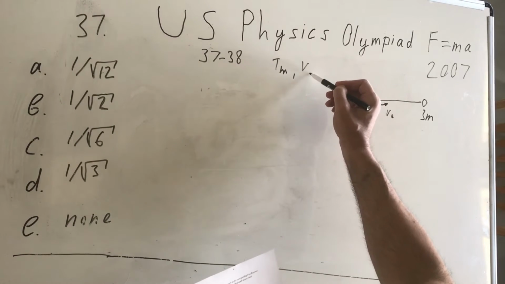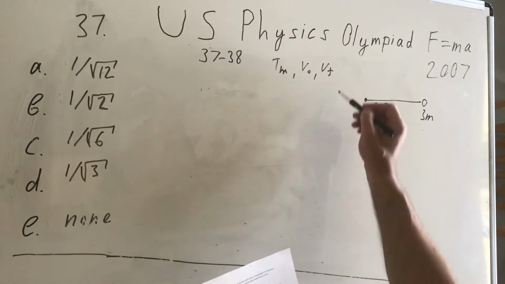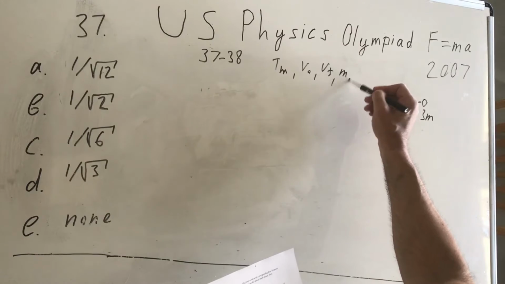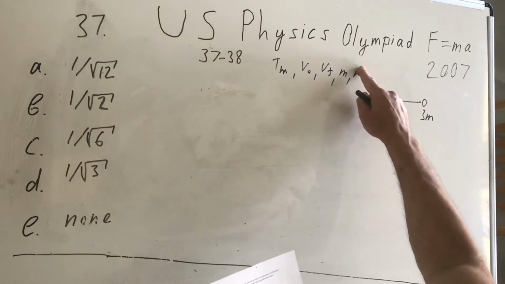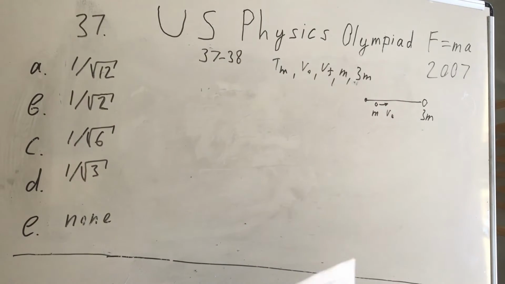So we have T maximum, V final, object mass m, and object mass 3m. All motion occurs on a horizontal frictionless surface.